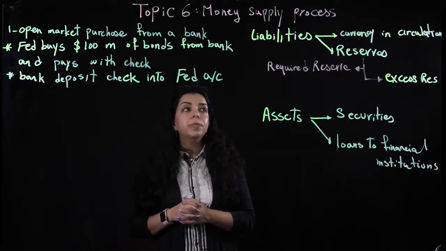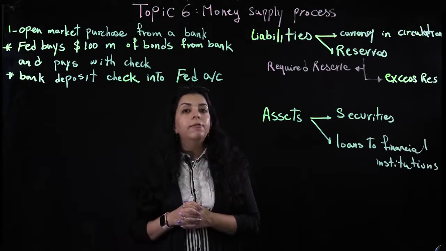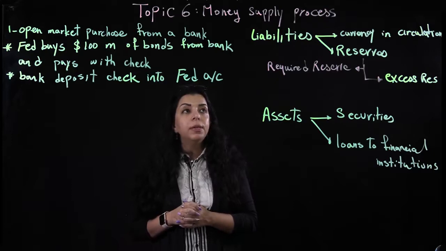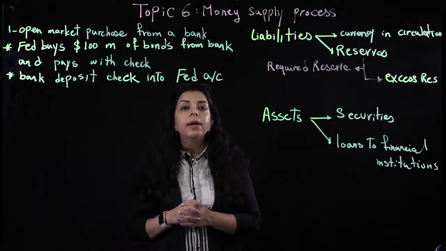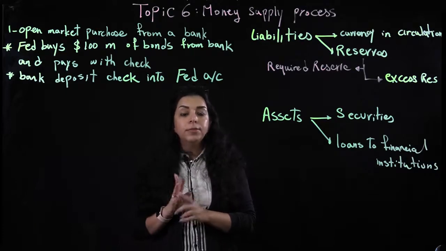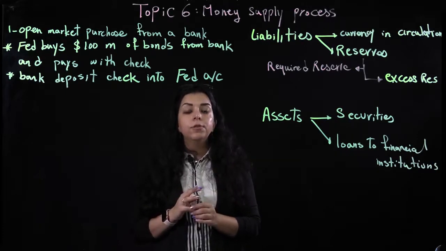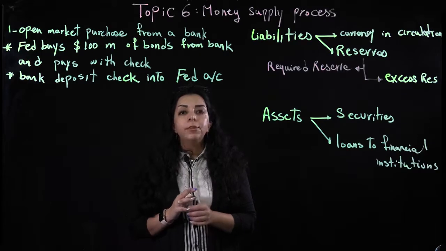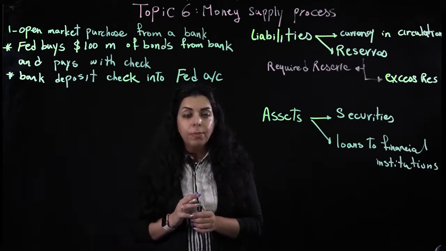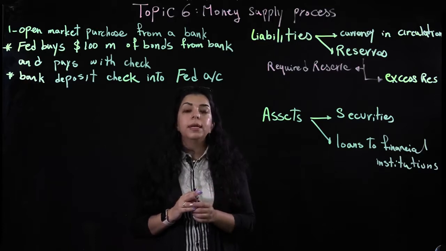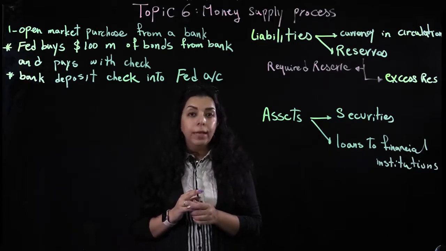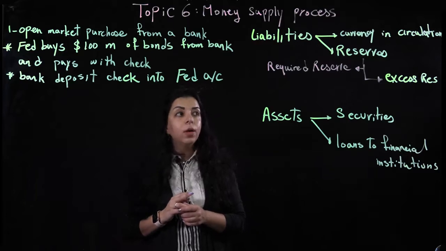Apart from the currency in circulation, we have another type of liability, which is the reserve. Reserves have two parts. Reserves are a kind of deposit held at the central bank, or the physical deposits that the banking system is holding.